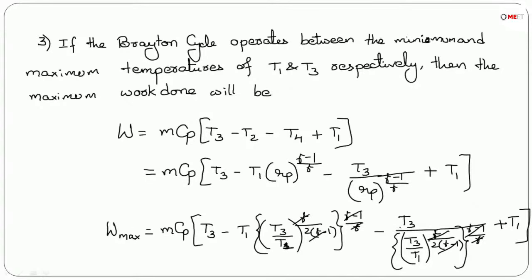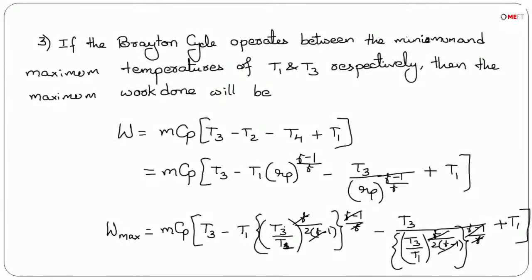We can write this same expression like this: W max is equal to MCP into T3 minus T1 into, here T3 by T1 whole power 1 by 2 will be remaining. So we can write this T3 by T1 whole power 1 by 2 as T3 power 1 by 2 into T1 power minus 1 by 2.